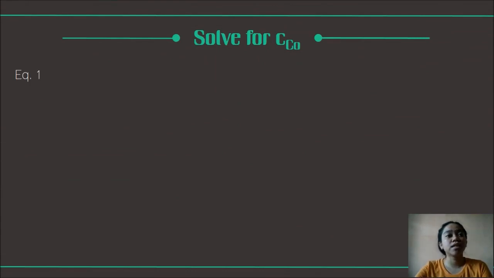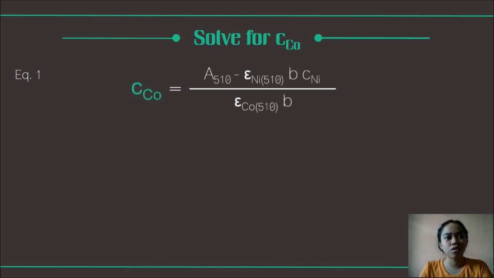As you can see, we need to recall the rearranged version of equation 1. This is the equation that we formalized earlier. That's why we just need to put the values in this formula.